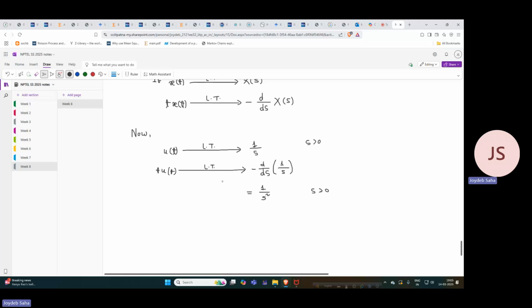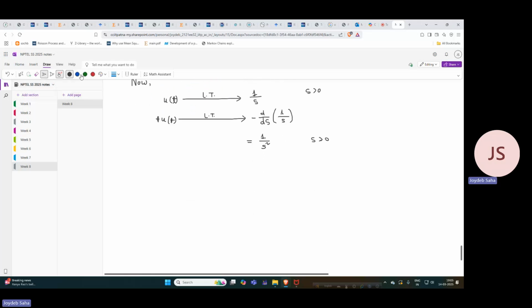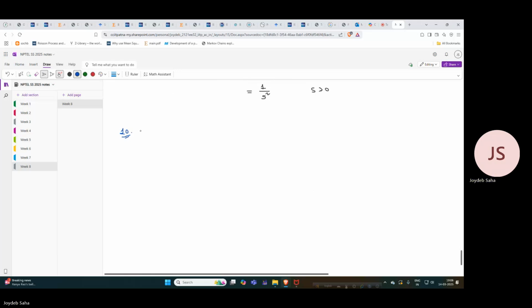Okay. Question 10. Find the Laplace transform of t square u(t).